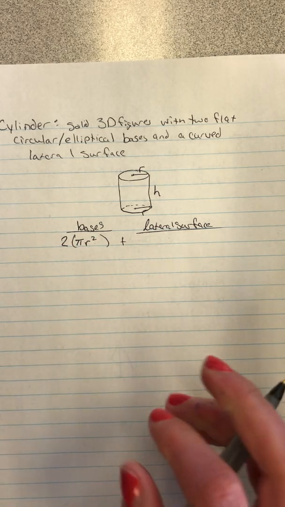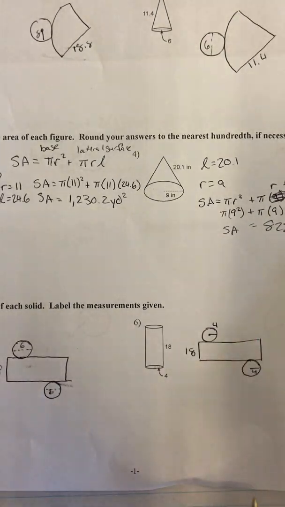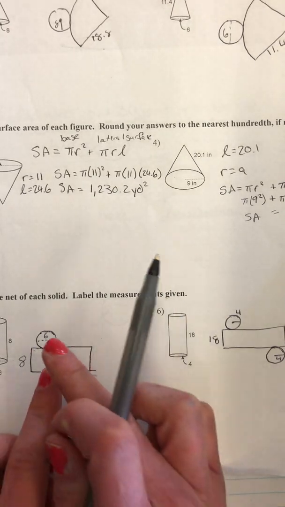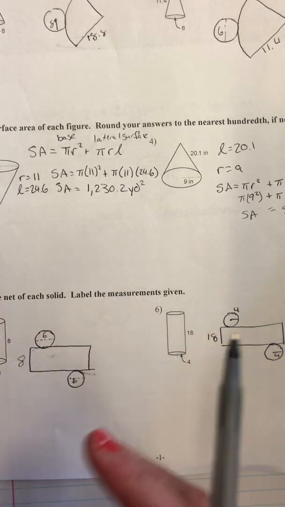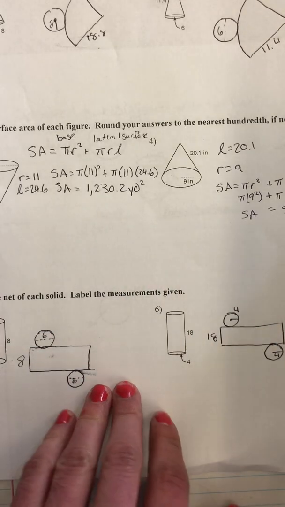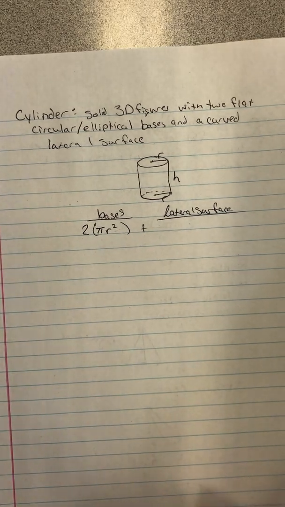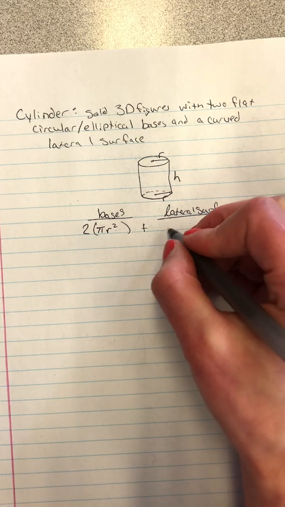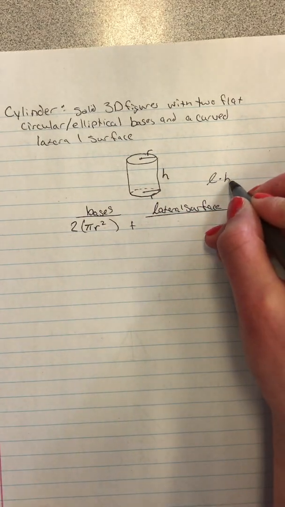Now for the lateral surface. As we drew on our net, we know that the length of this line has to go all the way around my circle. If it goes all the way around my circle, the length is going to have to be the circumference of the circle. So we know a rectangle is length times width.